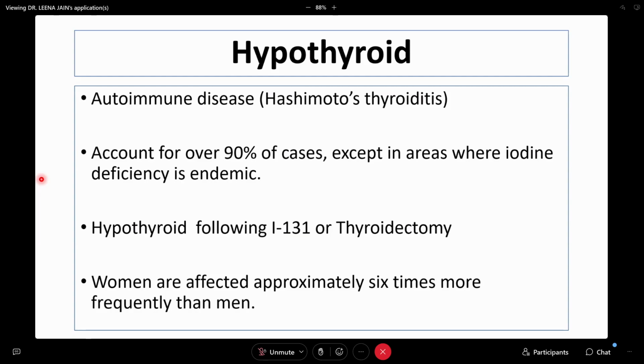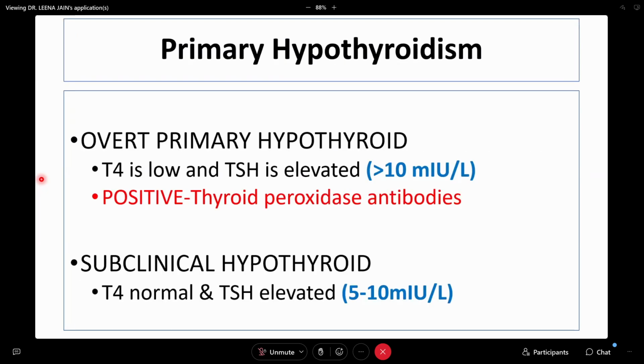Even after radioiodine therapy or thyroidectomy, hypothyroidism has been reported, and definitely female incidence is much more common than male incidence in hypothyroidism. That is a 6:1 ratio.